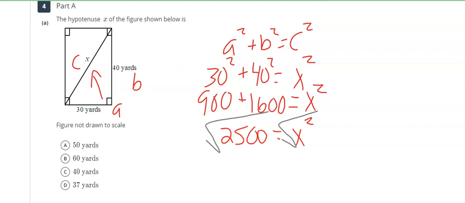This is where you'll want to use your calculator if you can, because you won't know these numbers in your head. The square root of 2500 is equal to 50, and the square root of x squared is just x. So in this case, our answer is A, 50 yards.